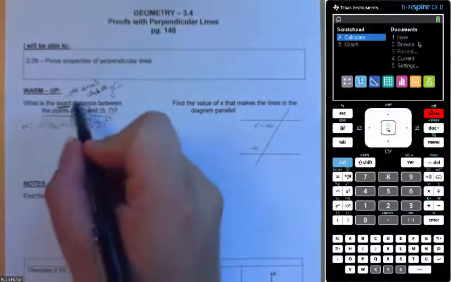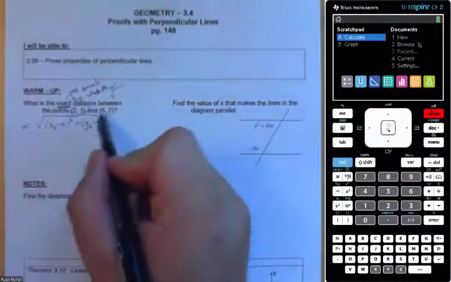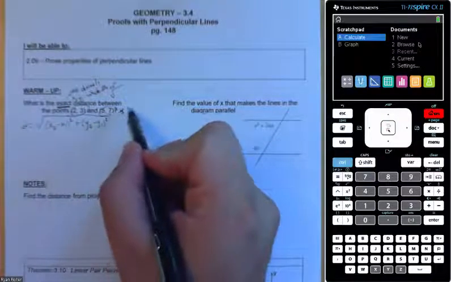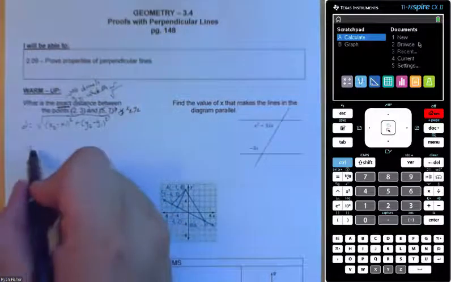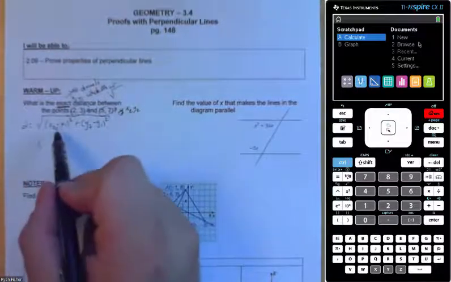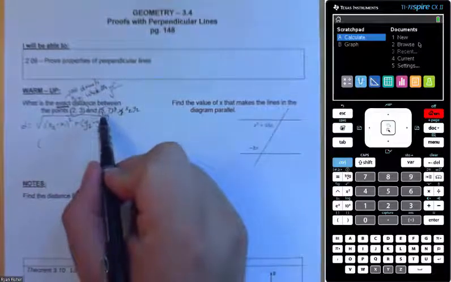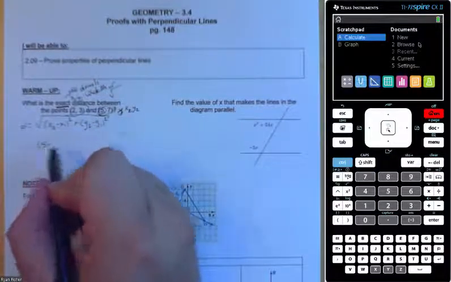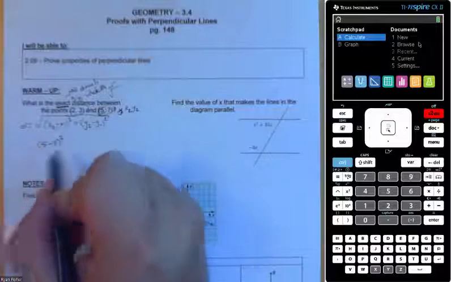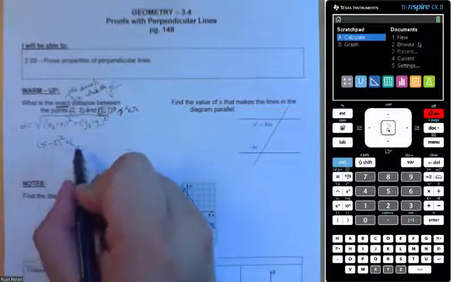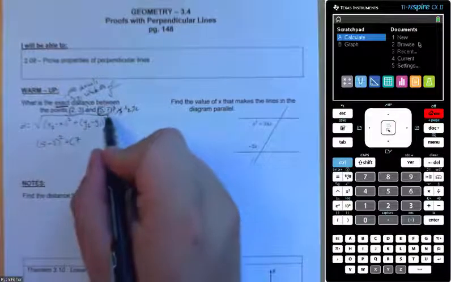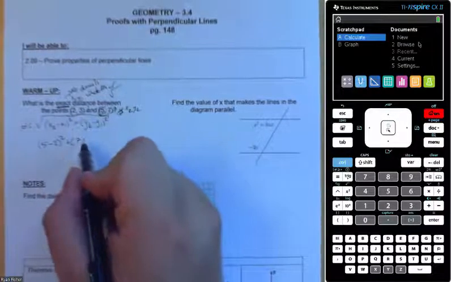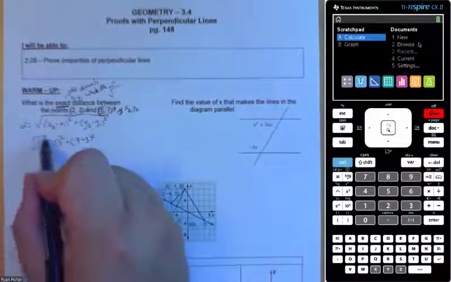I'll call this the first point, and this will be the second one. So x2 is the second x, that's 5, minus x1, which is 2, and I'll square it. y2 is 7, that's the second y. The first y was 3, and I'll square it.